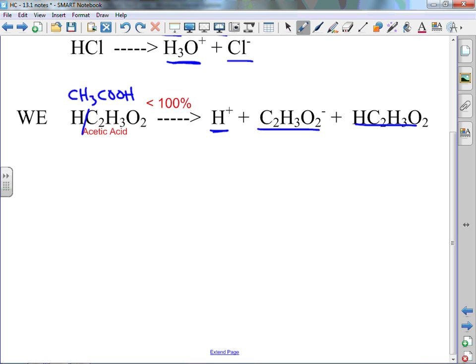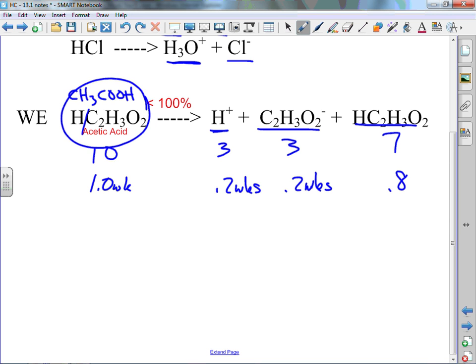For example, say I had 10 of these. Maybe 3 of them break apart and some don't. Maybe we've got 1 mole, and 0.2 moles break apart into those two pieces, and 0.8 moles do not. That's significant because when we deal with reactions involving weak electrolytes, we're not going to make as much chemical as we thought, because the majority of that chemical never changed.